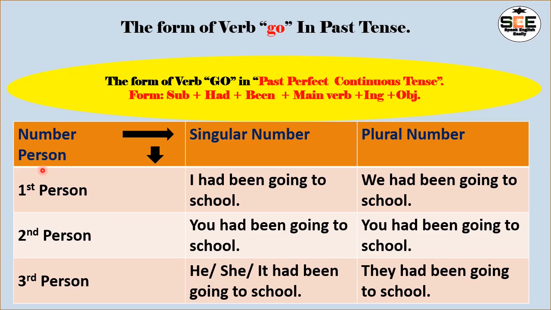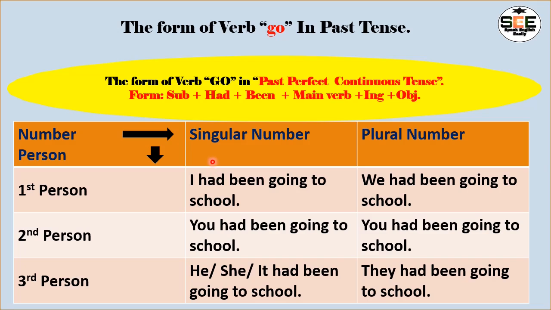So first of all we can see the first row here, first person: I had been going to school. Here in the sentence, if we analyze this sentence, then we can easily understand that I is the subject, right, as per the given form, and had is the helping verb, and been is the past participle form of the be verb, right, and go is the main verb, and ing is the continuous form, and the object is school, right?